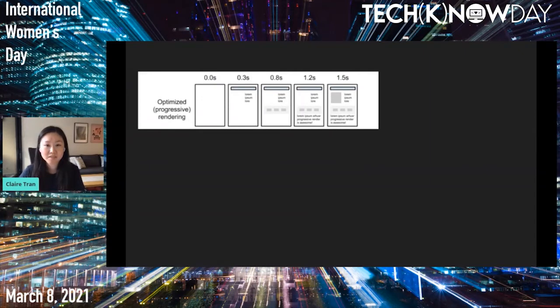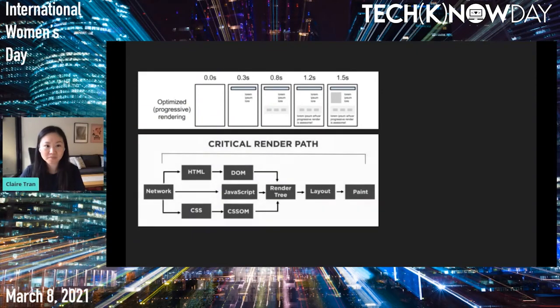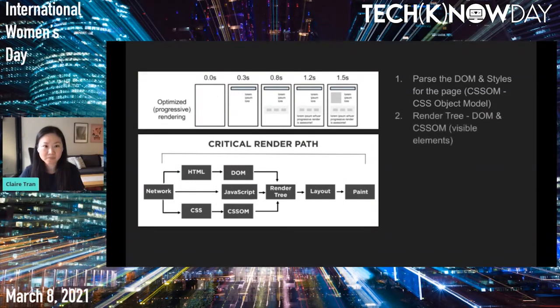So this is, I guess, a film strip of when elements and content is displayed to the user over time. And then how this works with the critical render path is basically what happens in the browser to start painting that content onto the page. So we'll first start with parsing the HTML and the styles to form something called a CSS object model.